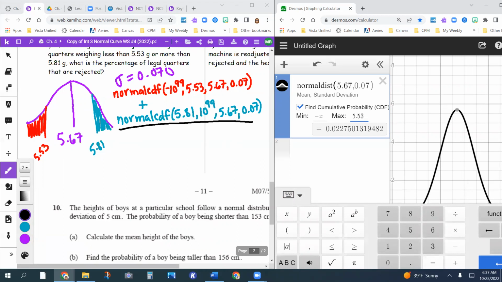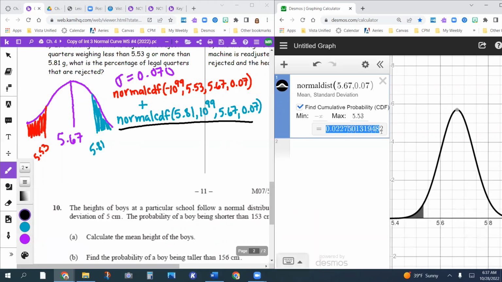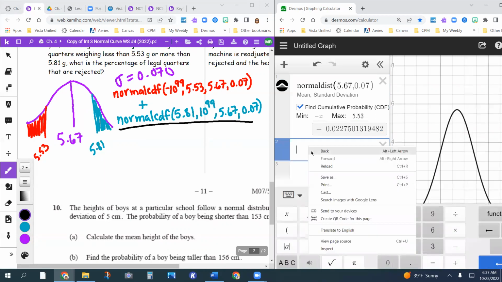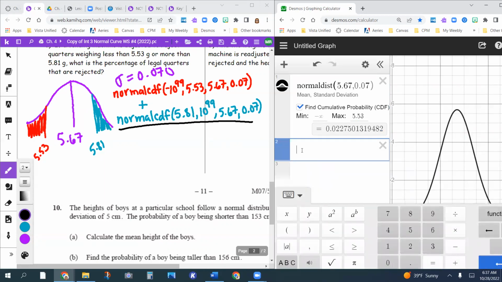Okay. And let me just get this value here. Okay.